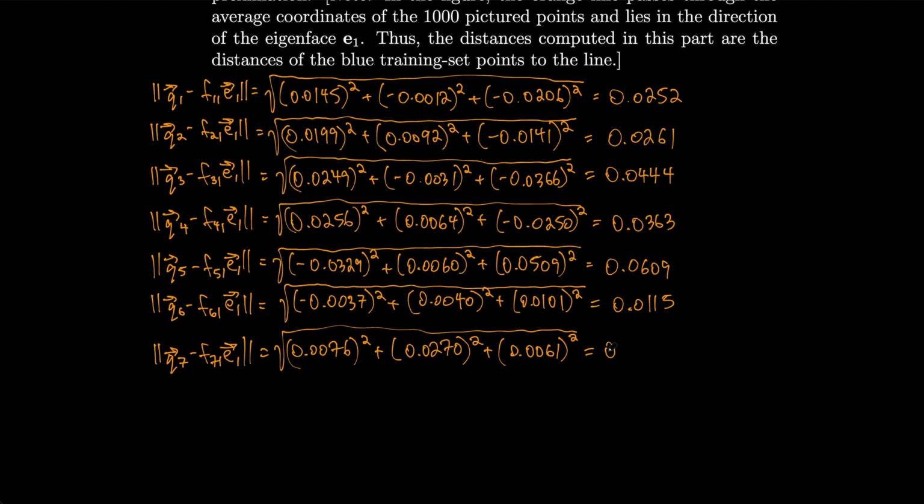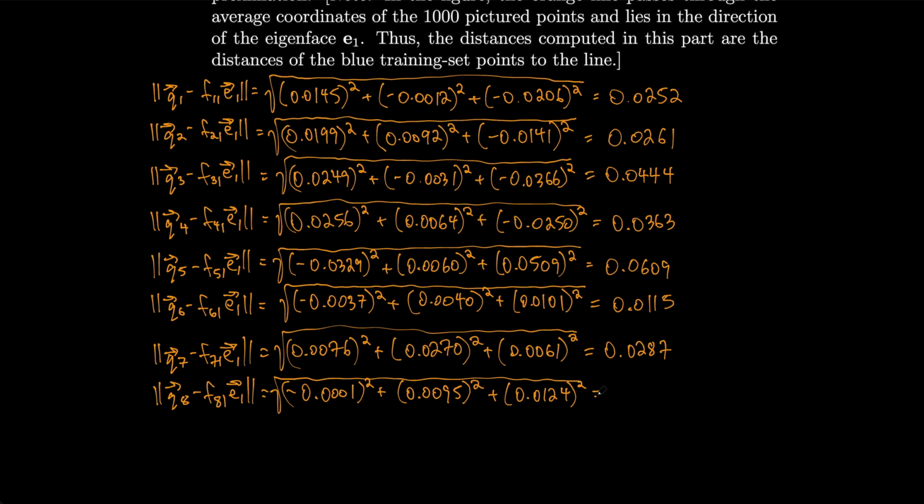And the square root gives us 0.0287. Next up, Q8 minus F81 E1, and that's negative 0.0001 squared plus 0.0095 squared plus 0.0124 squared, and that becomes 0.0156.